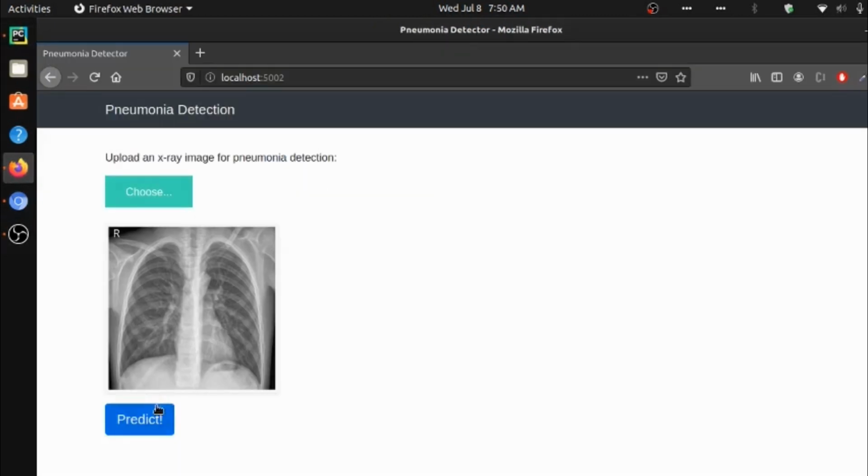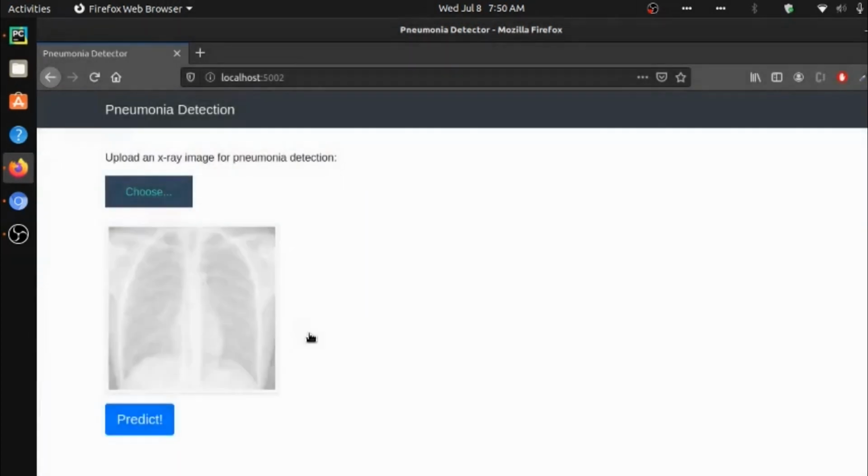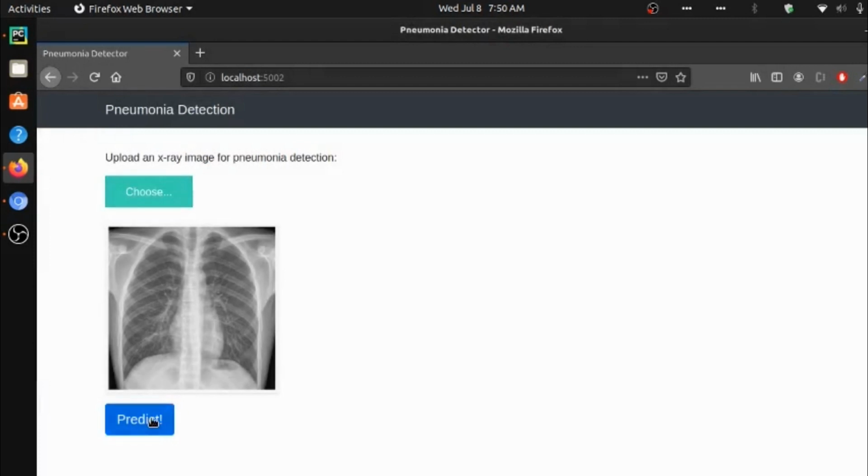On clicking predict, let's choose an image. As you can see, I've taken the test directory and I'm choosing an image directly from here, and we are predicting the image. We get a result as a normal case.